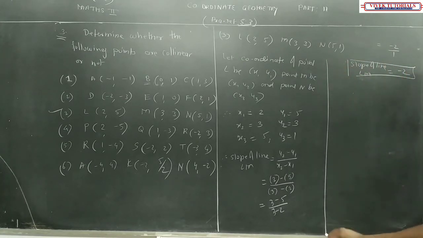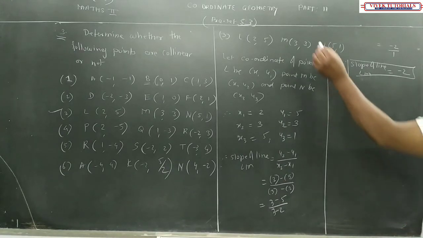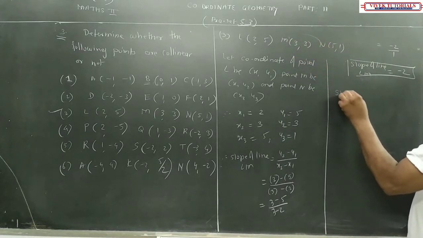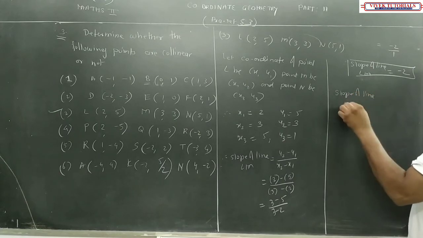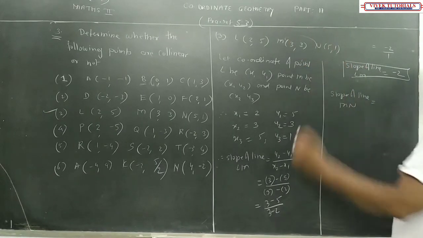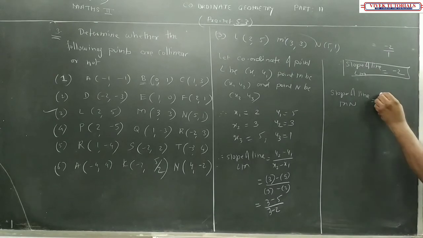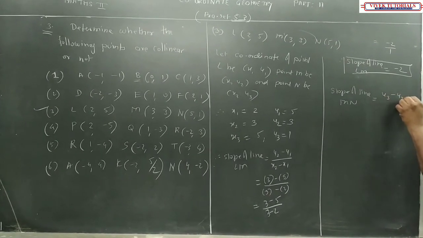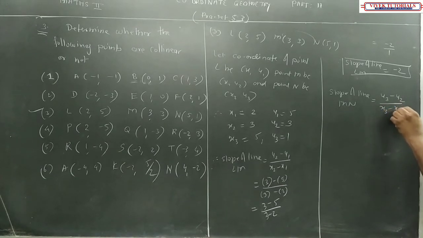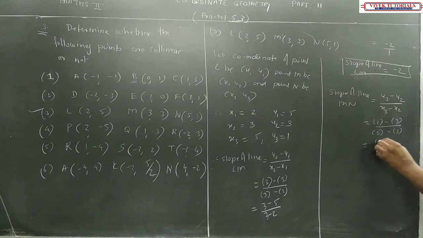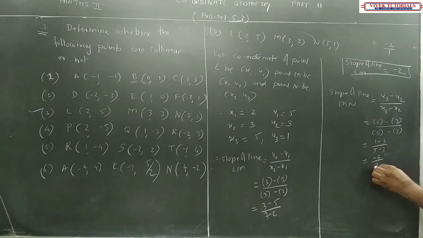Have you understood this? Then we find the slope of MN. The slope of line MN, or you can find LN also, it makes no difference, is y3 minus y2 upon x3 minus x2. y3 is 1 minus 3 upon x3 is 5 minus 3, which is -2 upon 2.